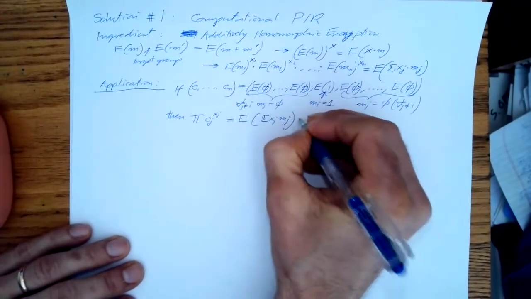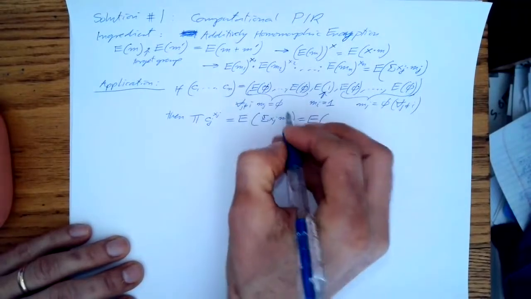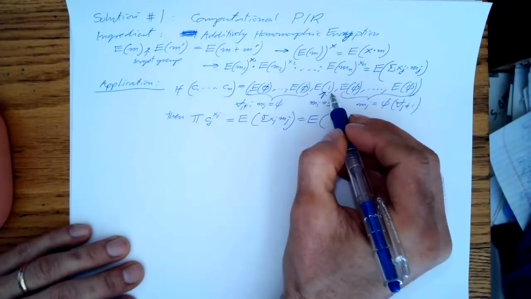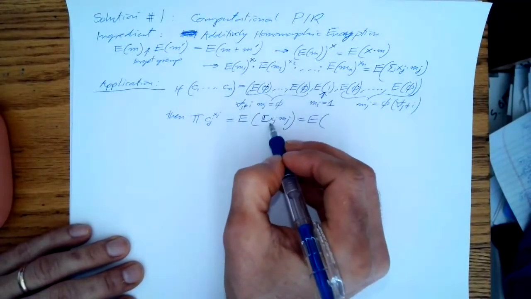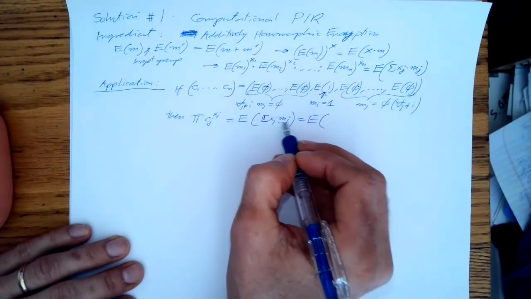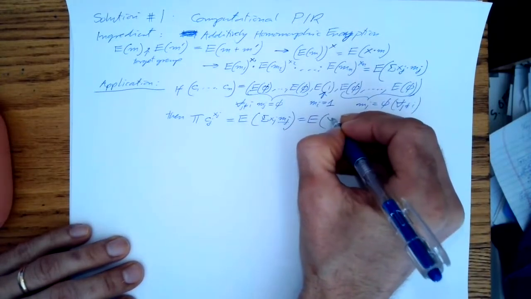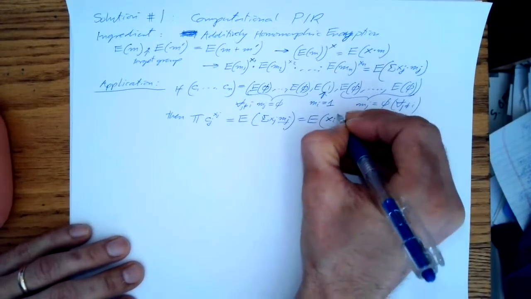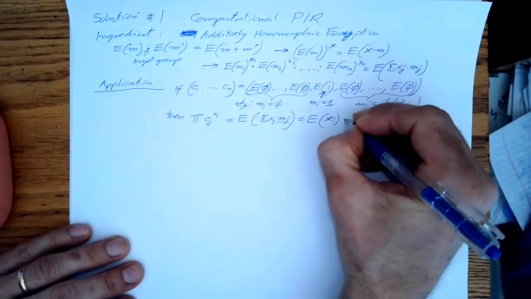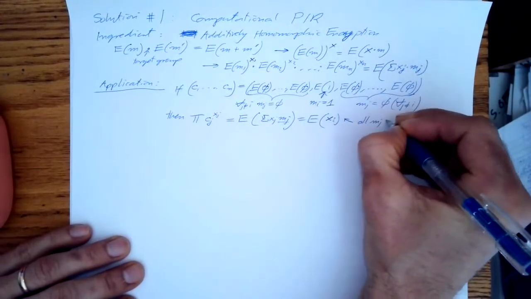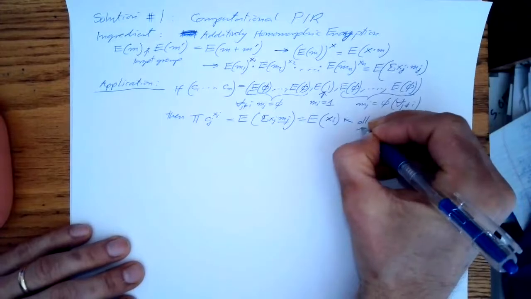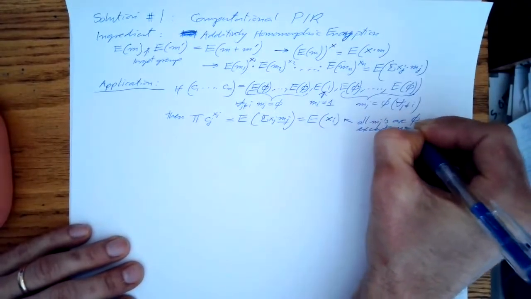We knew that, but that is because all the m_j's are 0 except one. So all the x_j's except x_i drop out because they are multiplied by zeros. The only x_j that is not multiplied by a 0 is the one for j equal i. So this is just an encryption of x_i, because all m_j's are 0 except m_i.